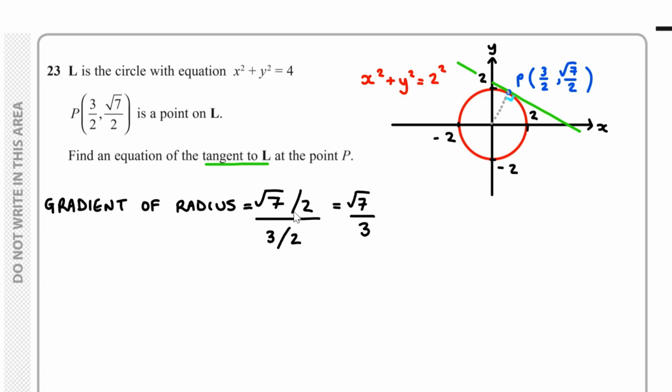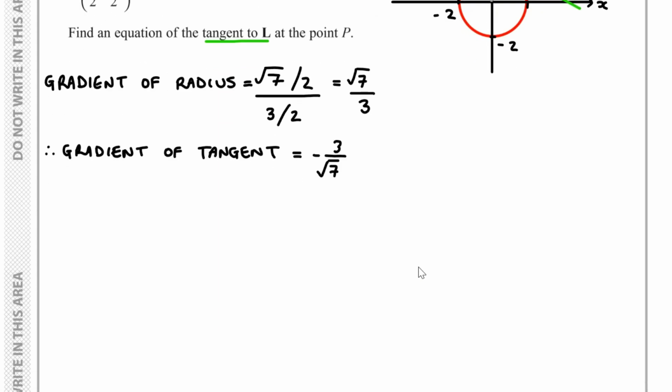So this is the gradient of the radius, and therefore the gradient of the tangent is the negative reciprocal of √7 over 3, which is minus 3 over √7. So this is the gradient of the tangent.